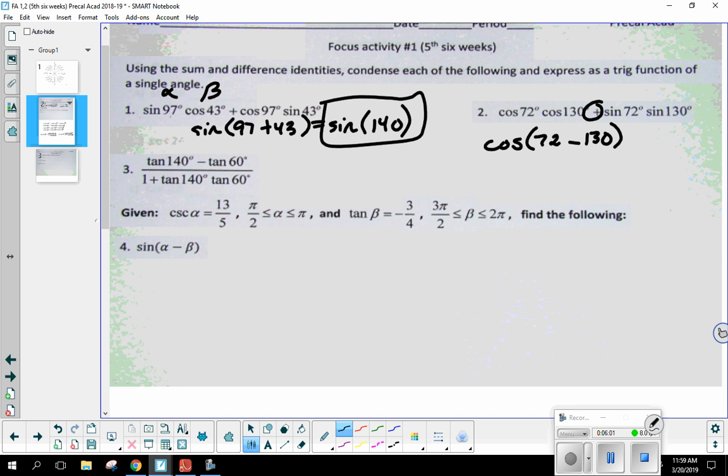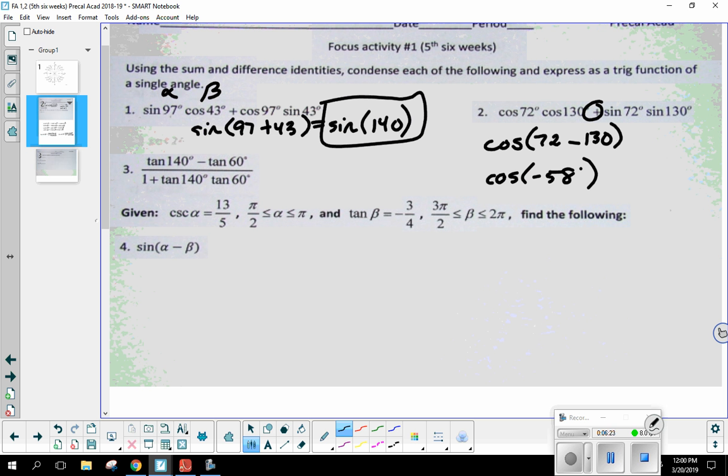Okay. So what would that be? Negative what? 58. So cosine of negative 58 degrees. And here's the thing. Do you guys remember, is cosine an even or an odd function? It's even. There we go.